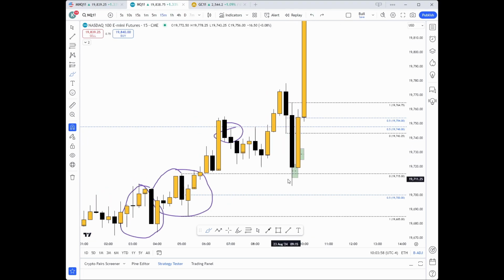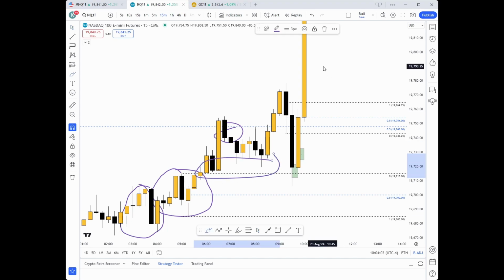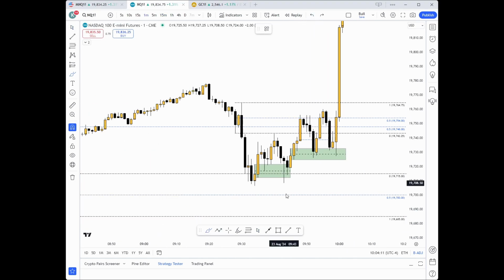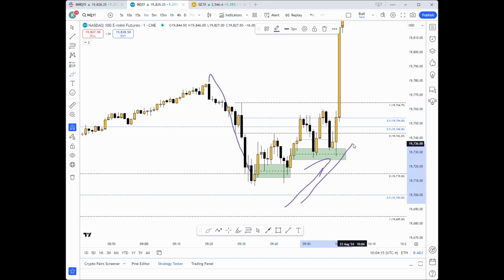Should we sweep and fail a protected low? In this case, it swept all the liquidity that wasn't part of structure, leaving this protected low behind, which it technically does, right? Now what you're doing is you're looking for a 1 minute change in order flow from bearish to bullish to get in line with.